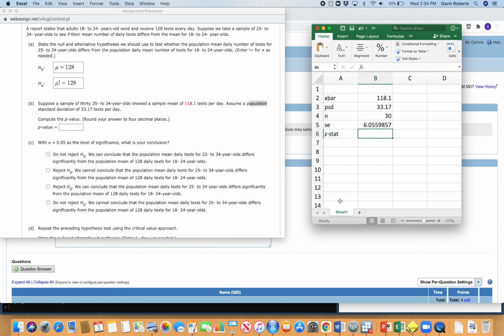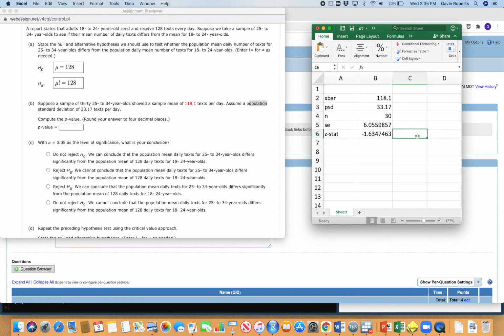So the z-statistic in this case, from the formula, is equal to X bar minus 128, which is often referred to as mu naught. We say H naught for the null hypothesis, and mu naught is the null mean, which is 128 in this case, divided by the standard error, and that's how we get a z statistic.